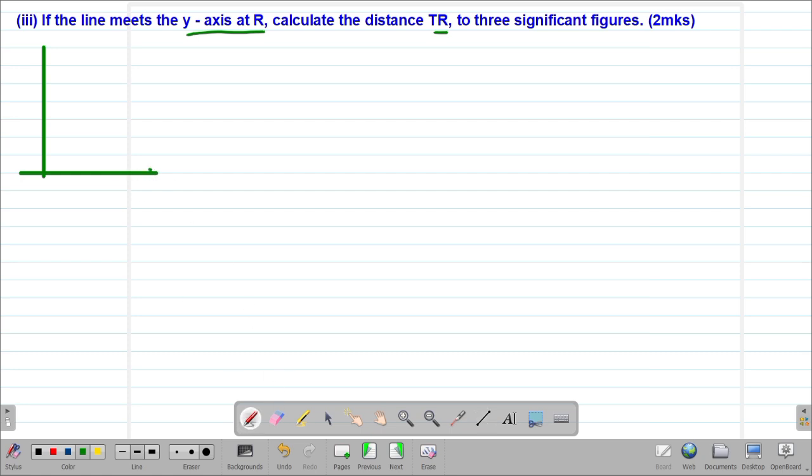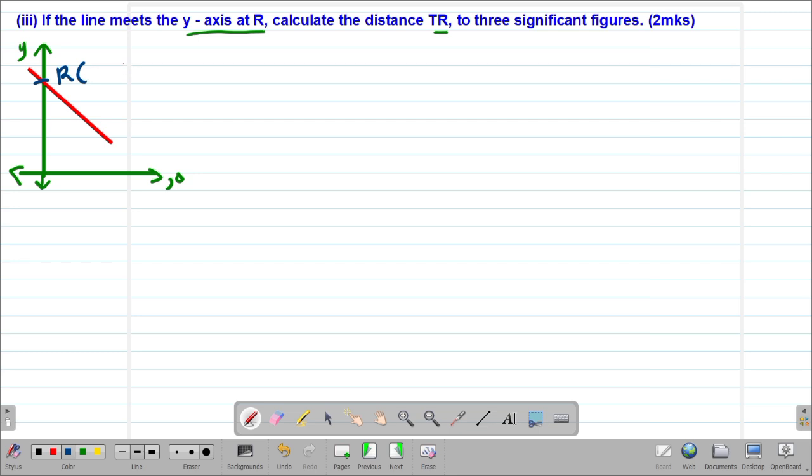It simply means that the line is cutting through this particular axis in this particular manner. So the line is passing this way, such that the point of intersection of the line with the y-axis is the point R.